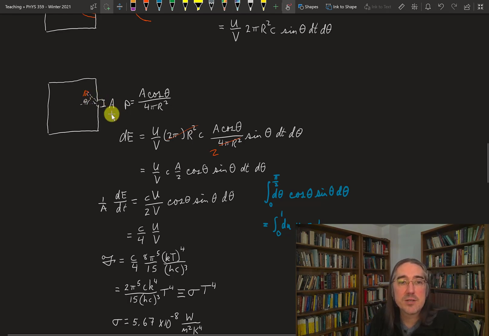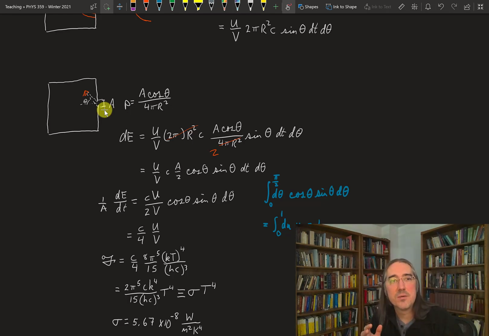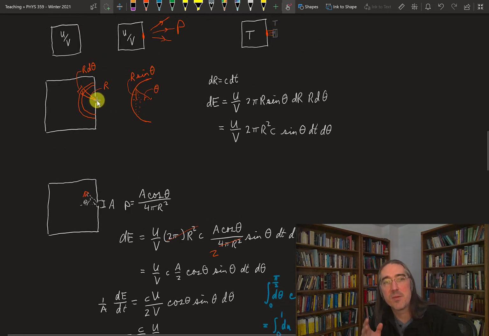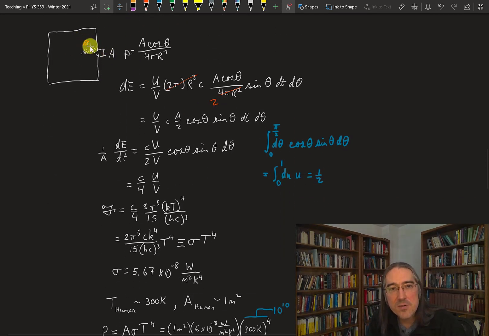So how many directions lead them out of the box? If we take the area of this hole, now we're going to be looking at the hole from the perspective of our infinitesimal little chunk, whereas before we were doing the opposite, right? We were from the hole looking out at the infinitesimal chunk. Now, do the reverse.